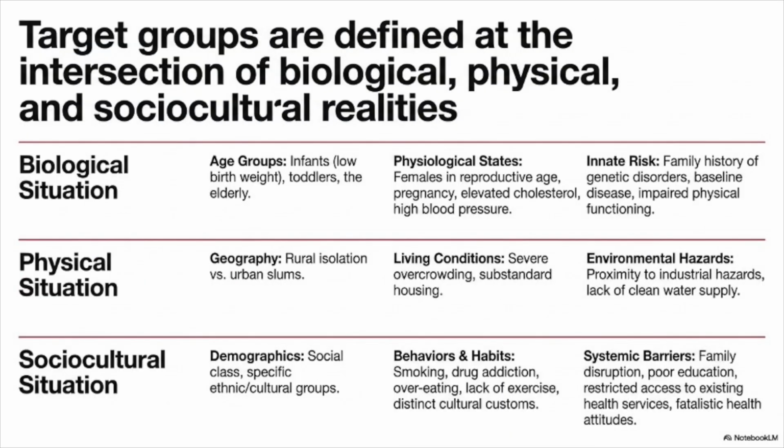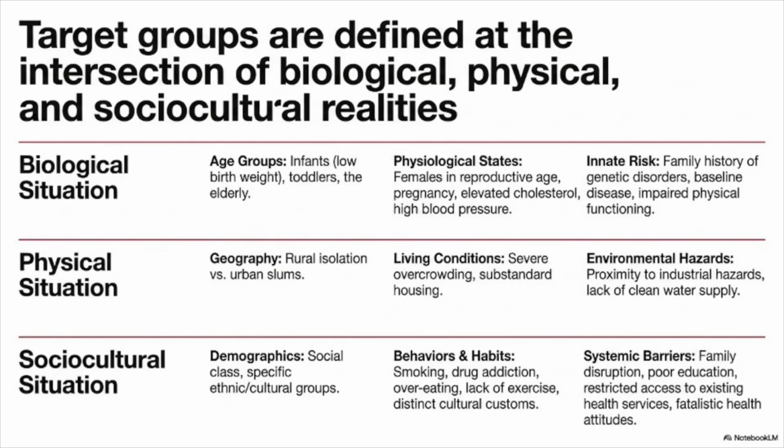Finally, let us understand who these target groups are. Biological factors include infants with low birth weight, toddlers, elderly people, pregnant women, individuals with hypertension, elevated cholesterol, chronic diseases, genetic disorders, or positive family history. Physical factors include people living in rural remote areas, urban slums, overcrowded housing, poor sanitation, unsafe water supply, or areas with environmental hazards.